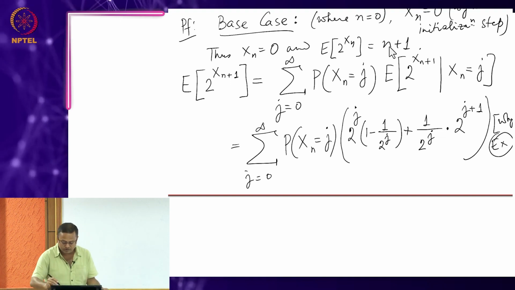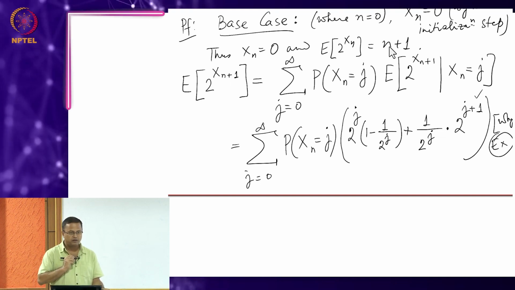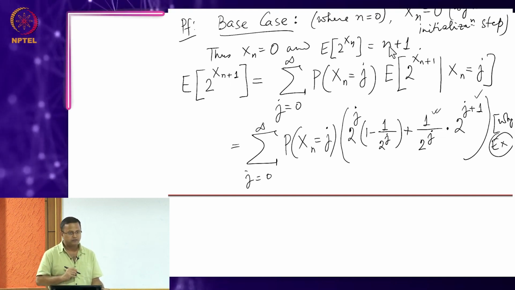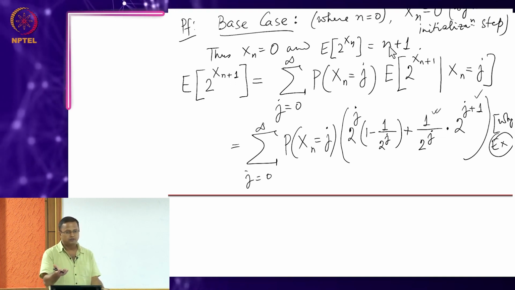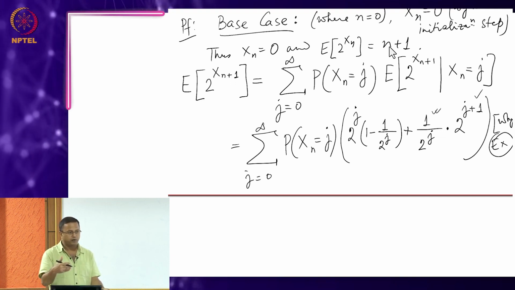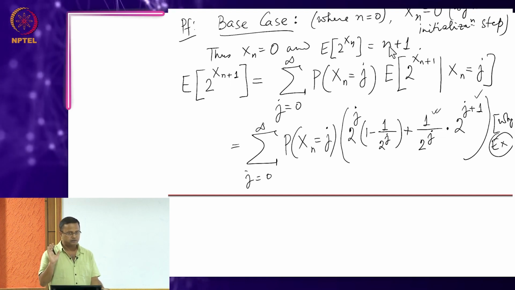So, that is why this is 2 to the j plus 1, and you did it with a probability of 1 by 2 to the j, right, and the next one is the case where you did not. So, your value remained 2 to the j, that was with a probability of 1 minus 1 by 2 to the j, right.